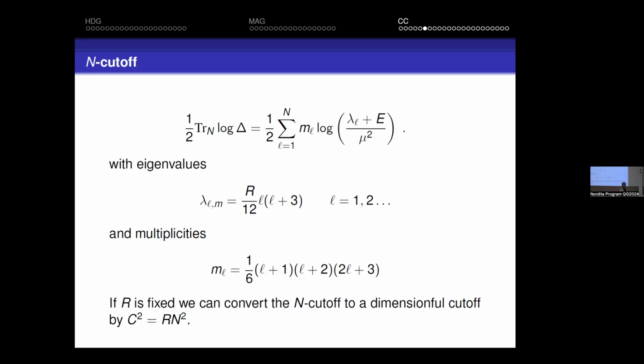N is independent of the metric. N is a number. The Laplacian depends on the metric. No, I wouldn't say that. Why? The Laplacian depends on the metric. The eigenvalues are these, and L goes 1, 2, 3. I'm putting a cutoff on this, not on this.